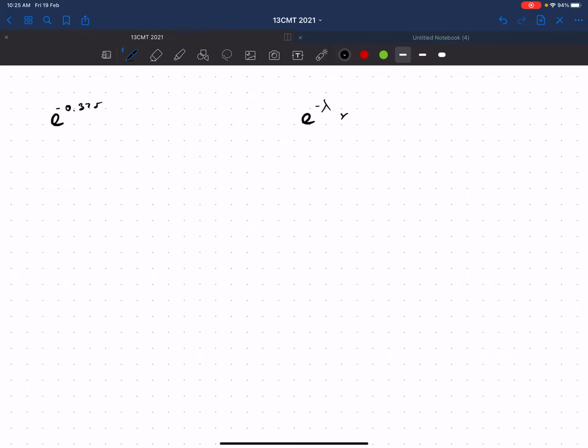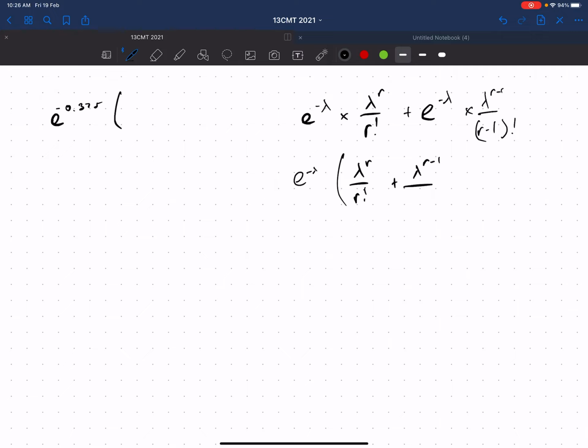What they've done, instead of timesing by lambda to the power r over r factorial, and then adding each one subsequent where the r is increasing, is they've said, actually, because it's always e to the minus lambda, and because I'm going to be adding another e to the minus lambda times lambda to the power r minus 1 over r minus 1 factorial, I can factorize this and take the e to the minus lambda on the outside, say lambda r over r factorial plus lambda r minus 1 over r minus 1 factorial.